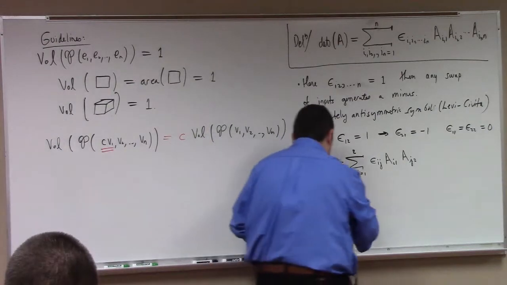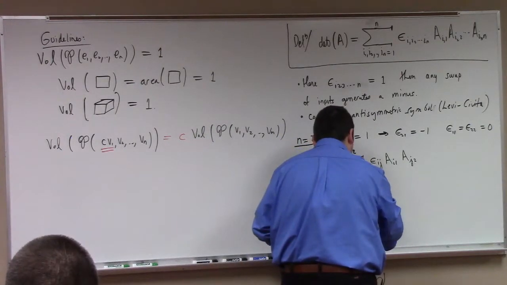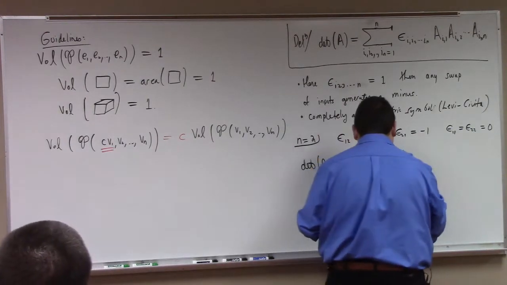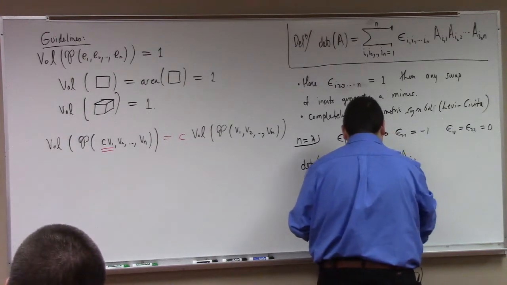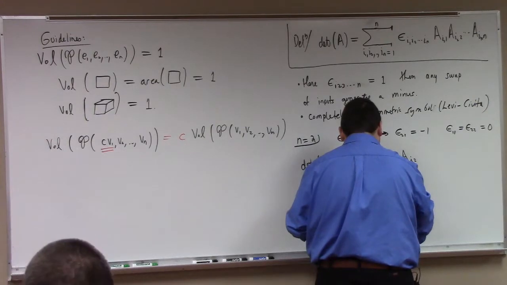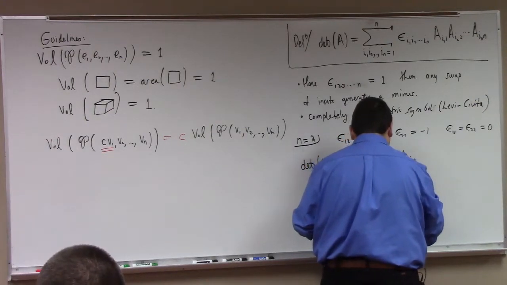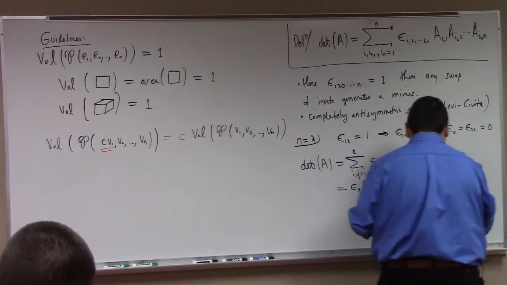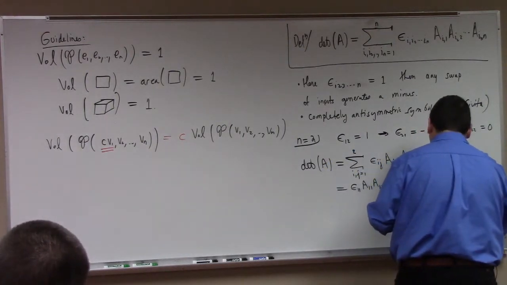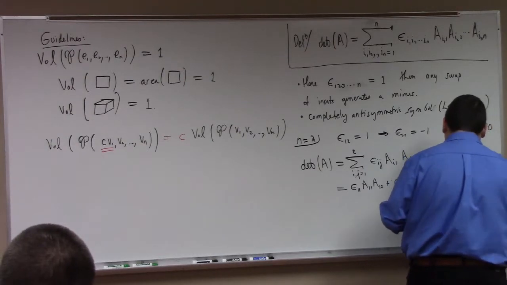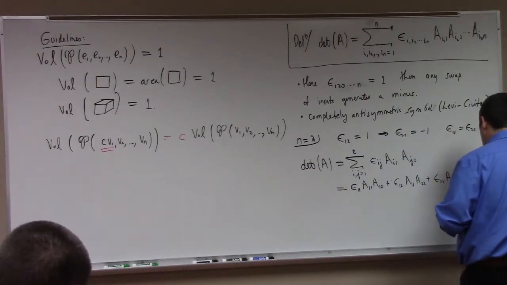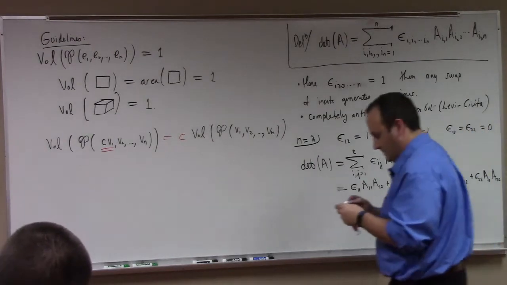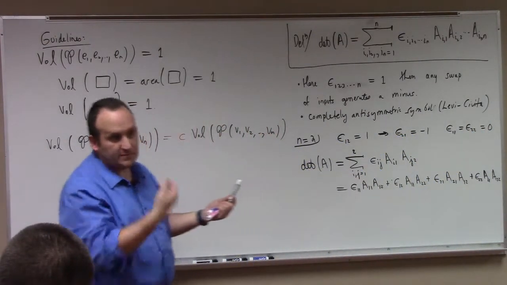So what we've got then is epsilon 1,1, a1,1, a1,2, plus epsilon 1,2, a1,1, a2,2, plus epsilon 2,1, a2,1, a1,2, plus epsilon 2,2, a2,1, a2,2. There are 4 terms in principle.